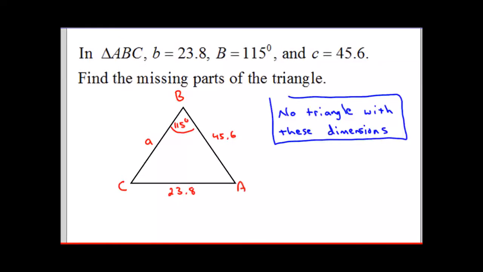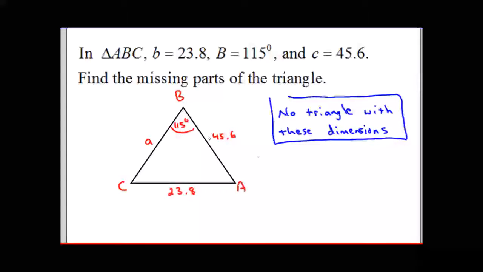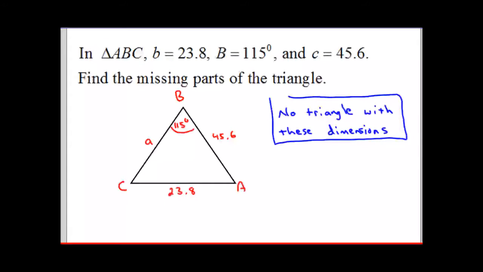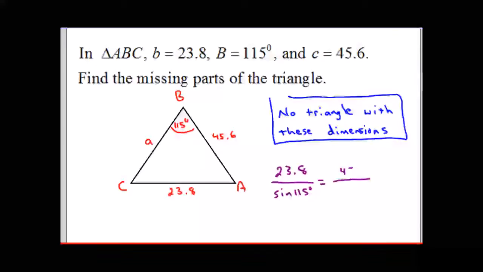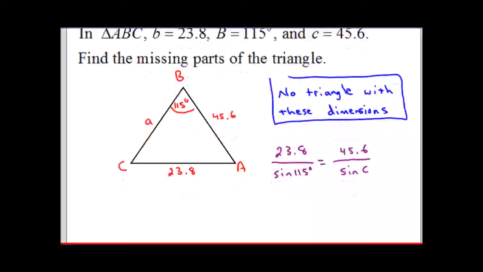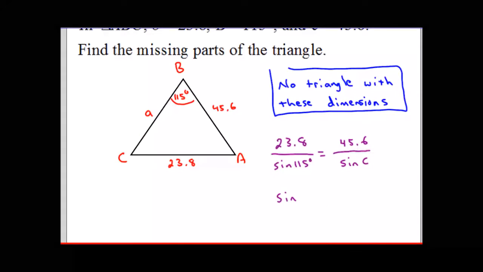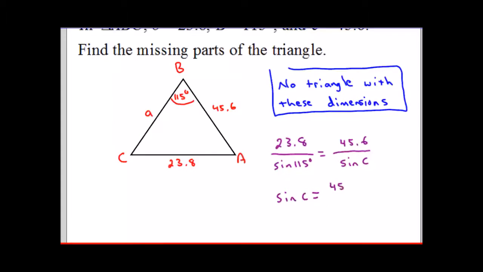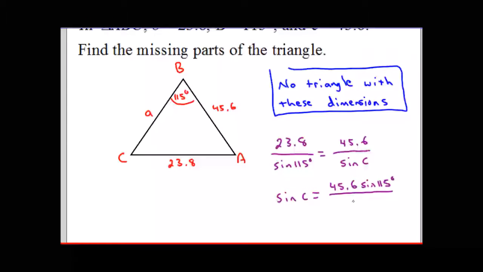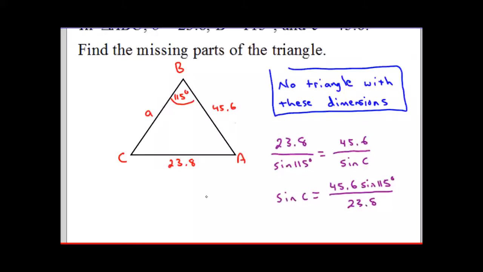But if I didn't spot that, let's say I'm not being careful and not using common sense, then I would try to use the law of sines. I'd put 23.8 over the sine of 115, and let that equal 45.6 over the sine of C. If I cross multiply and divide, the sine of C is 45.6 times the sine of 115 degrees over 23.8.